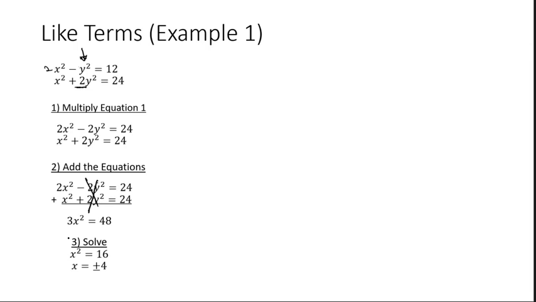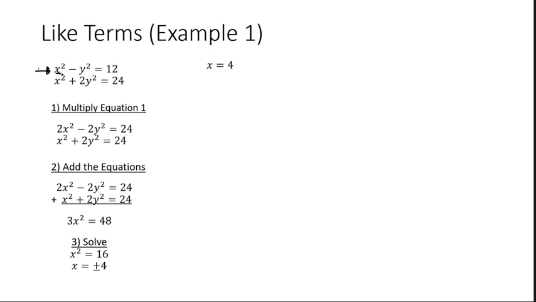So we have two different answers: one where x is positive 4, and one where x is equal to negative 4. To solve for y, you can plug the 4 back into either equation. We're going to choose the first one because it does not have coefficients on the x or y terms.